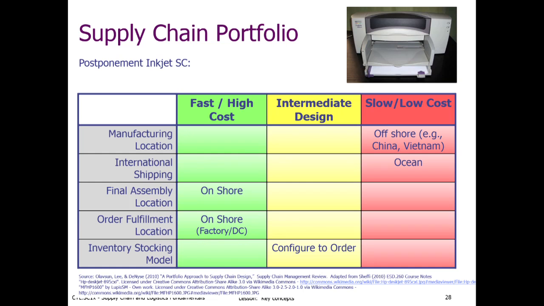So what they did is, this is a classic paper by Hao Li, is that they used postponement, and so they shifted and they said, instead of manufacturing near shore, let's manufacture it where there's a low cost, and then I'm going to ship things by ocean, and so I'll have the final assembly on shore and the fulfillment there. But what I'm going to do different is this configured order. So I'm going to make what's known as vanilla printers over here. They're going to be the basic printers that don't change.